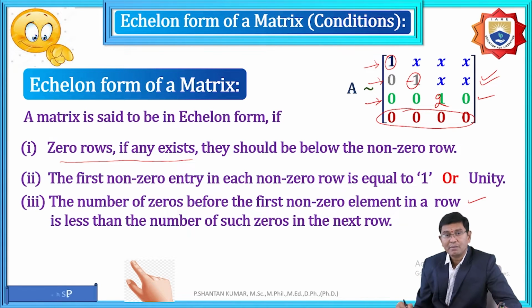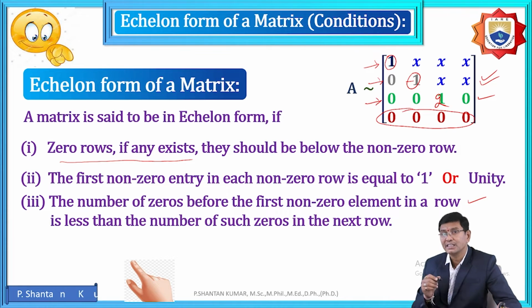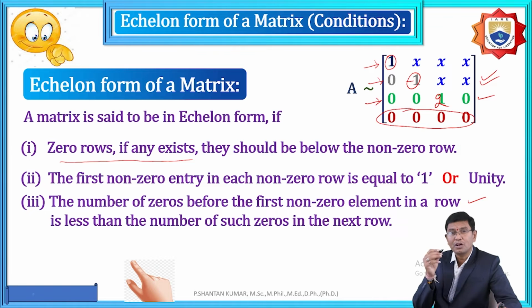That means comparing row by row, before the non-zero number the zeros should be increasing from top to bottom, and from bottom to top it is a decreasing order.